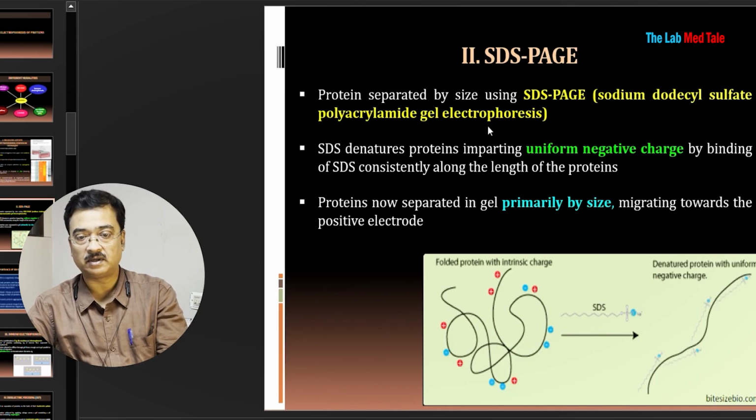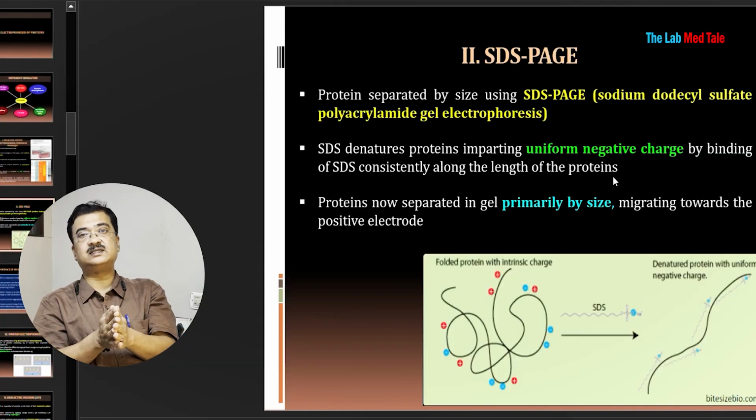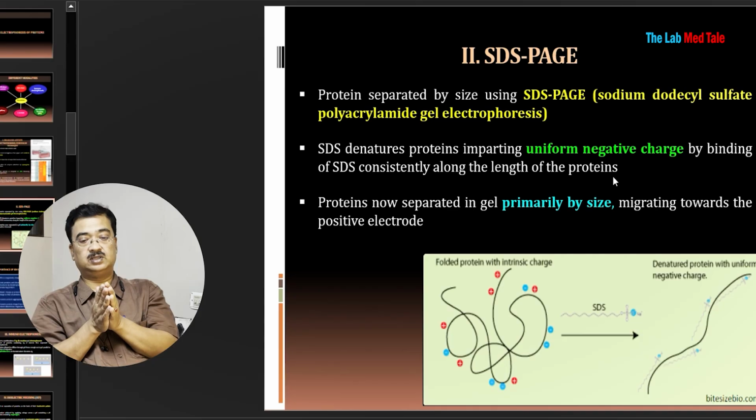This is a different electrophoresis altogether. It is called sodium dodecyl sulfate polyacrylamide gel electrophoresis. SDS is nothing but a coating material. What happens?